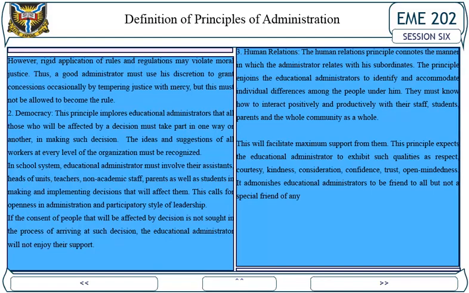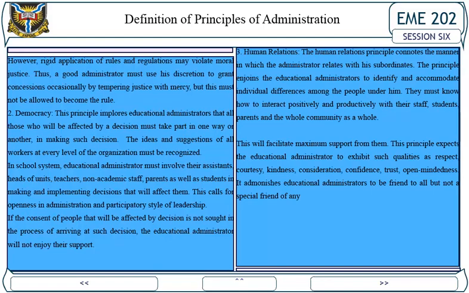Though justice emphasizes equity, fair and due process in the application of group norms, however, rigid application of rules and regulations may violate moral justice. Thus, a good administrator must use his discretion to grant concessions occasionally by tempering justice with mercy. But this must not be allowed to become the rule.